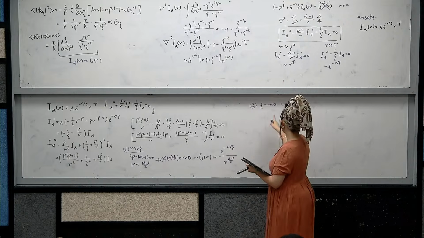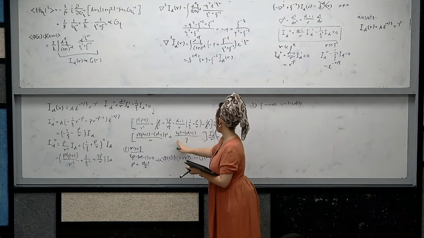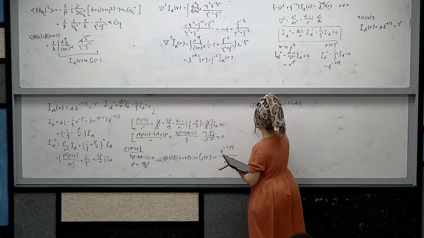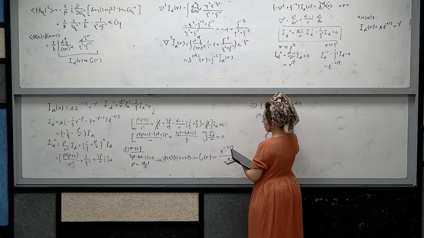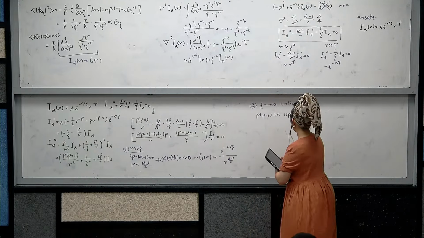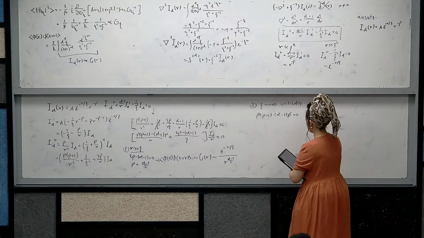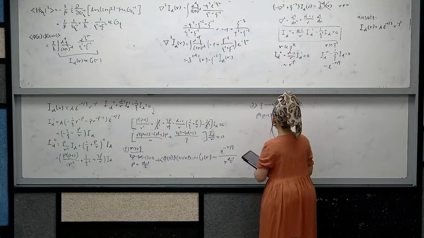Okay, so when xi goes to infinity, then this term disappears. So we look for p plus 1 minus d, assume p is not 0, and then we get p equals d minus 2.